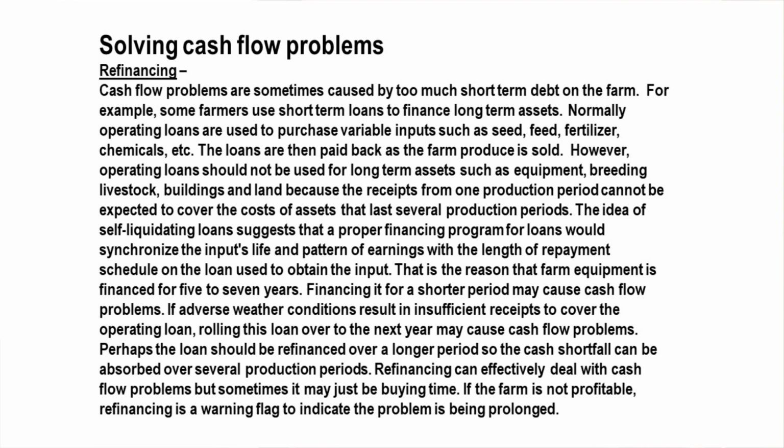Liquidating loans, refinancing, financing for a shorter period of time or a low interest rate. If you have a good handle on your cash flow, that might be helpful. It might cause some problems in the short term with having access to cash, but you're reducing that liability.